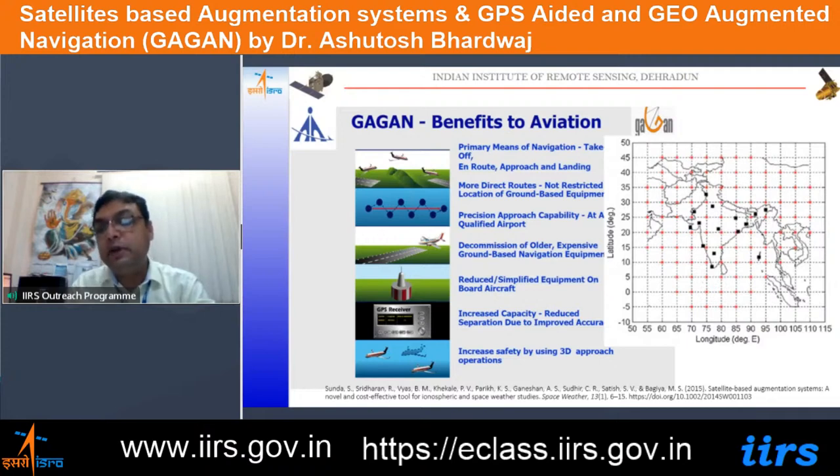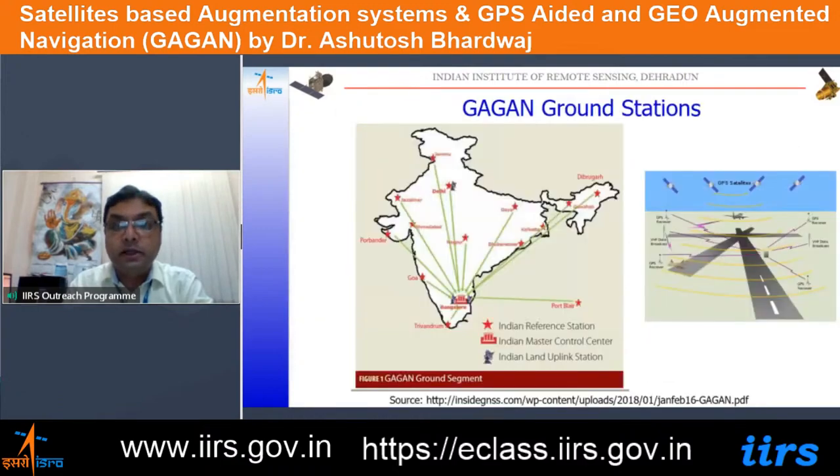The nearer we are to the reference stations, the better parameters we are going to get from the GAGAN system. As I was showing, these are the various stations established in India, and we also have a system of GBAS on the ground where the VHF antenna can send the signals to the aircraft.